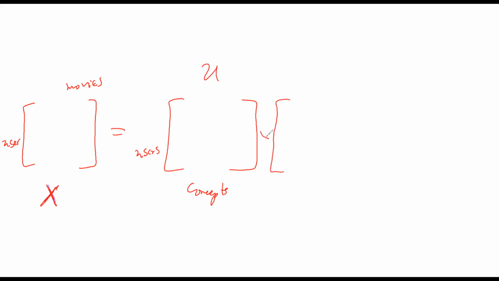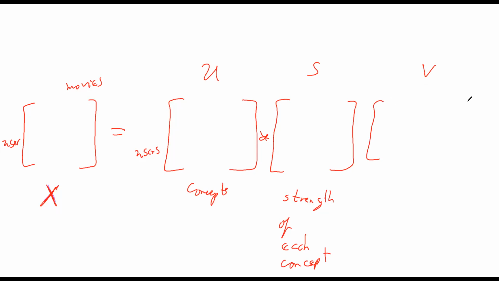Then we have this one, the vector S that we got in the code, the strength of each concept. Strength of each concept, right? And then the V matrix over here would be concepts to movies.